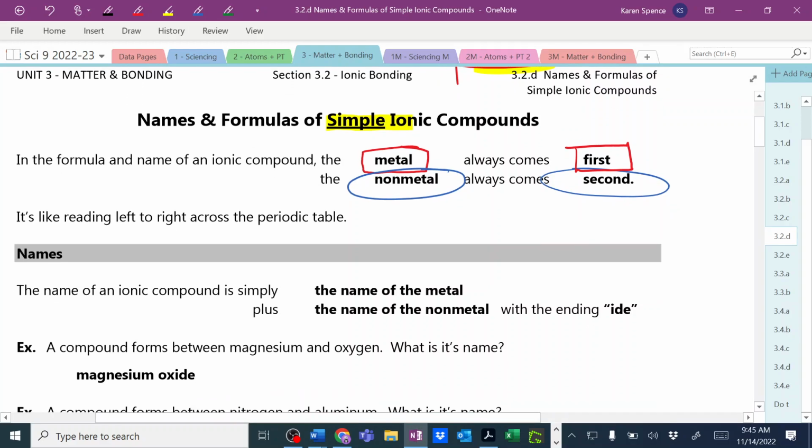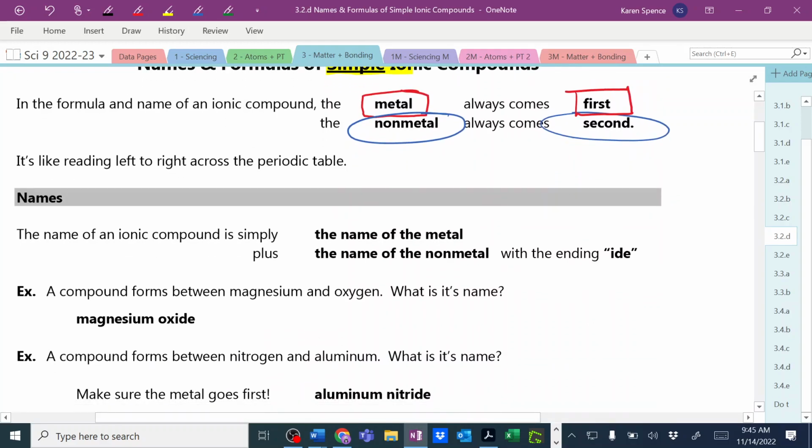And all you have to do to name it is to write literally the name of the metal, like sodium, and then write the name of the nonmetal, but change the ending to ide. So that would be like chloride.